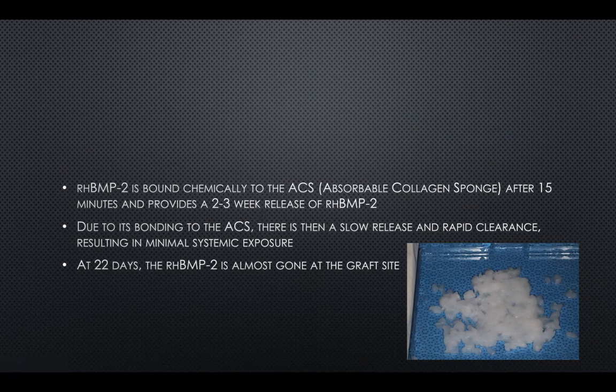So we have to leave the sponge soaked with the BMP for 15 minutes before we use it. And it provides 2 to 3 weeks release of the BMP, and which is the 2 to 3 weeks are the critical timing for healing and recruitment of osteogenic cells.